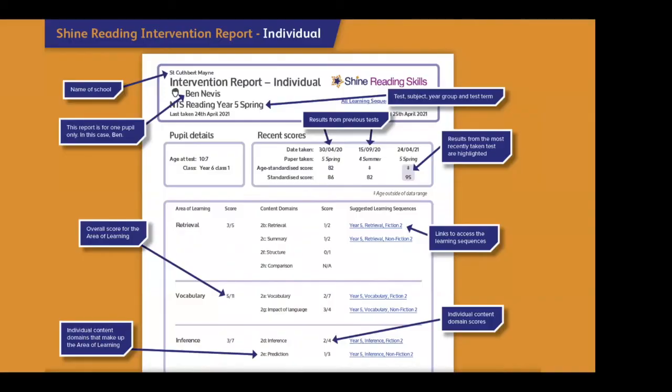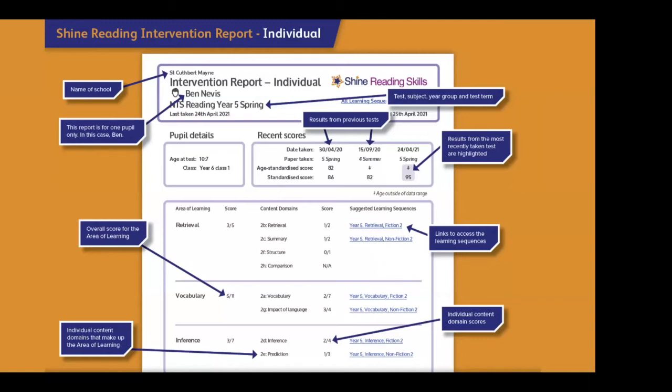So when you go into the intervention reports, this is an individual pupil. So you would pull off this report out of Mark, just the same as all of the others. So this is looking at Ben. He's done NTS reading, Year 5 spring. It shows his recent scores for spring, summer, for year 5 and year 4 papers that he's taken, and also the standardised scores.